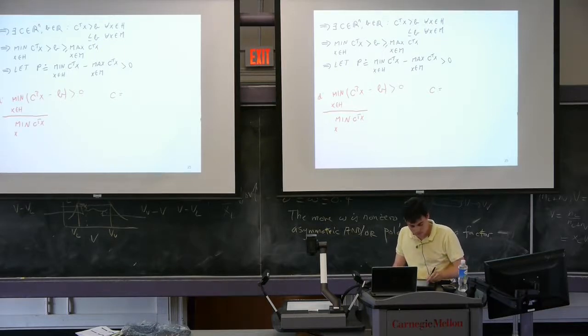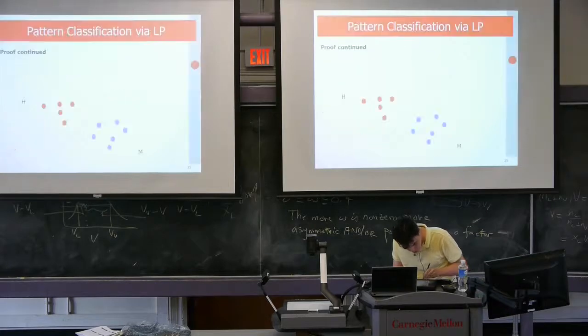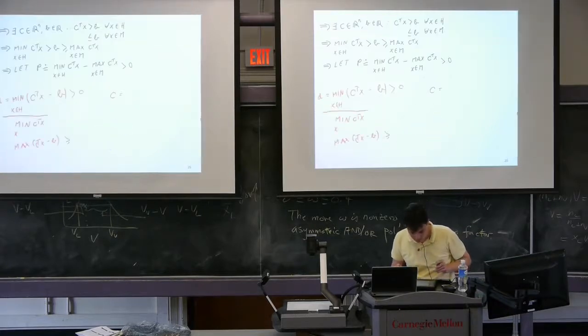And for X in M, the max of C transpose X minus B, that's the max of all negative. Wait a second. Oh, I lost it.